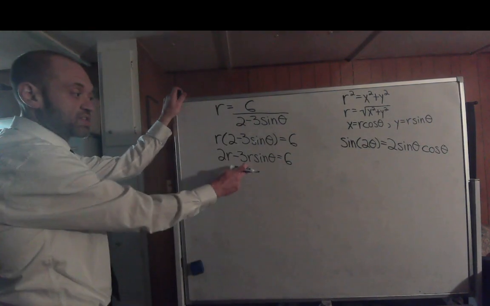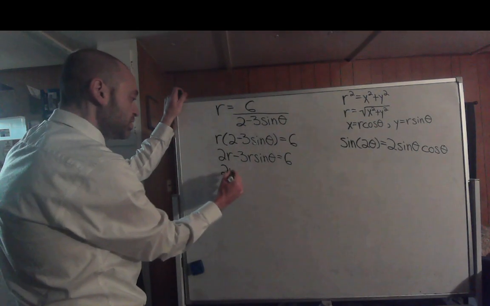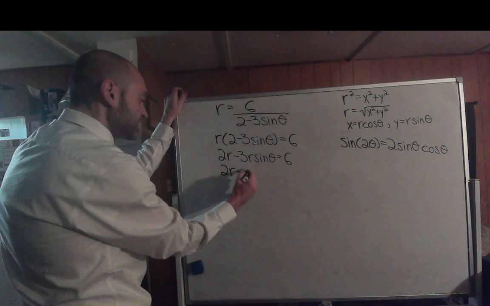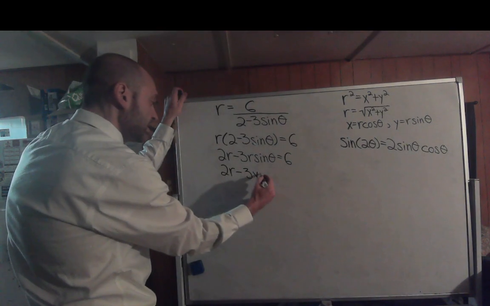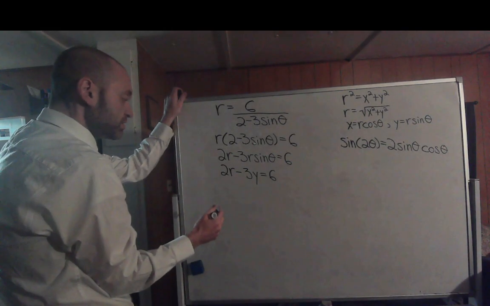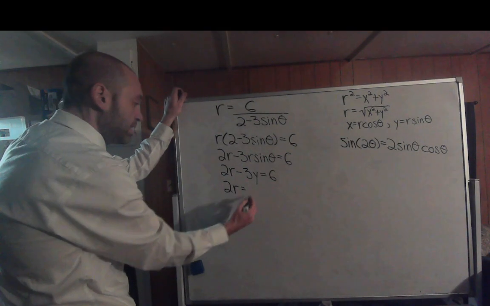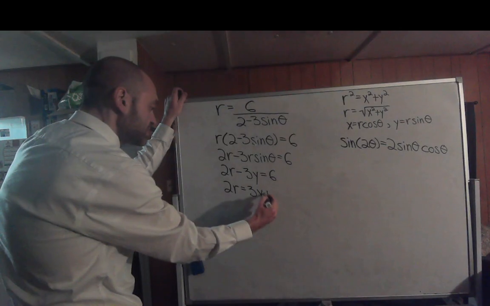Well, what's r sine of theta? That's simply y. So this would turn into 2r minus 3y is equal to 6. So then you would end up getting 2r equals 3y plus 6.